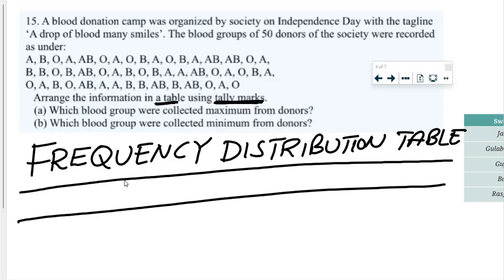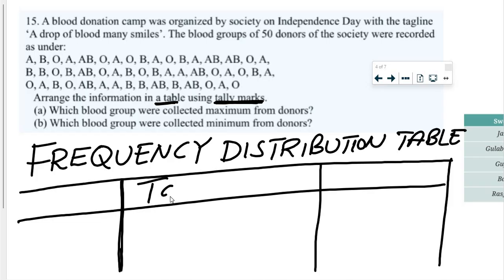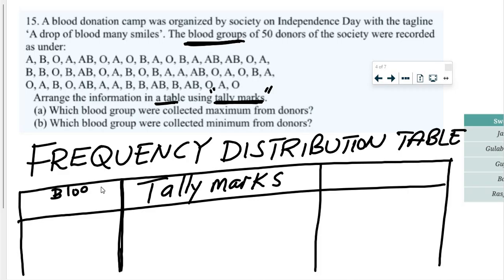It has 3 columns: 1, 2, and 3. The wider column is for tally marks. The first column stands for the information collected, and the data collected was all about blood groups.